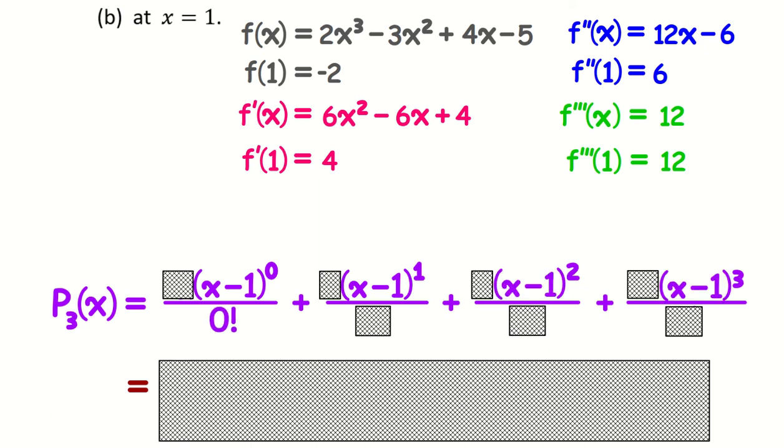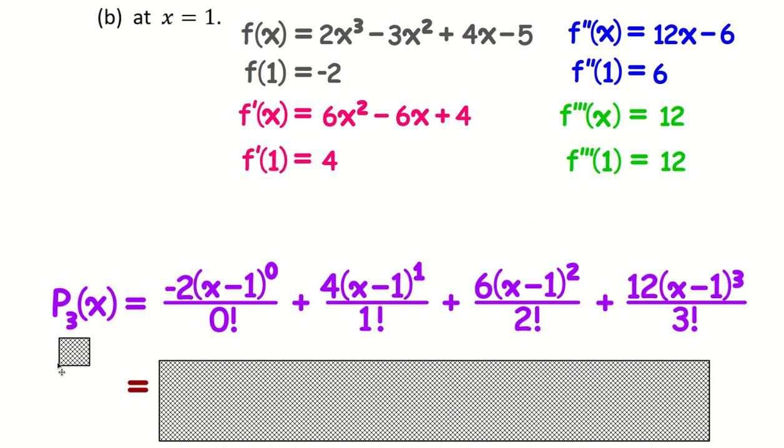As well as the denominators being 0 factorial and then 1 factorial, blah, blah, blah. And so what goes here is, what do we get? -2. And then we got 4. And then we got 6. And then we got 12.